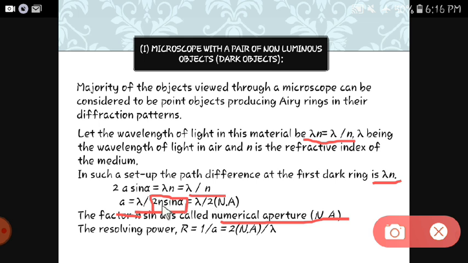The resolving power is nothing but the inverse of the limit of resolution, so you can take the reciprocal, 1 by a, and it will be reversed, so you get twice NA divided by lambda. So this is the resolving power for a microscope.